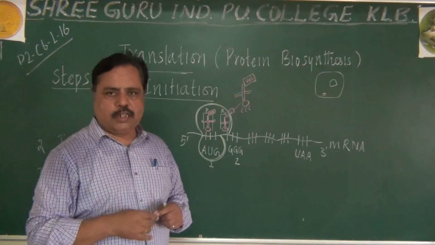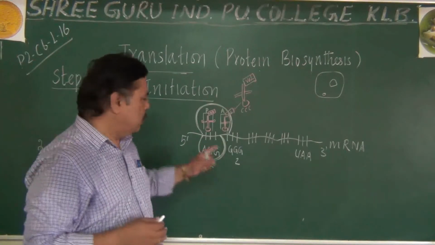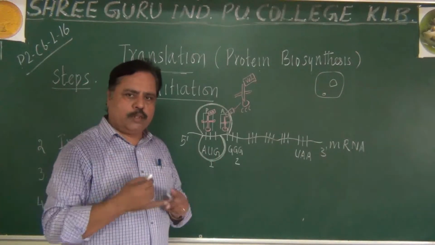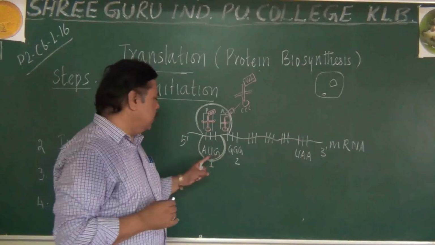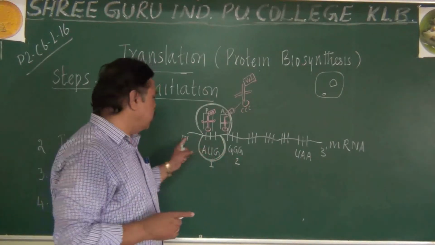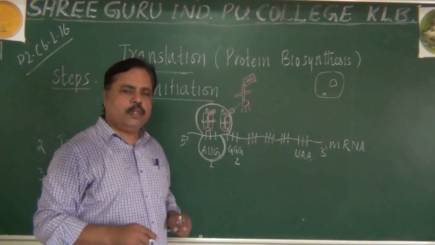In the initiation complex, what is happening? Functional mRNA will come to the cytoplasm. It will join with the smaller subunit of the ribosome at its 5' end.